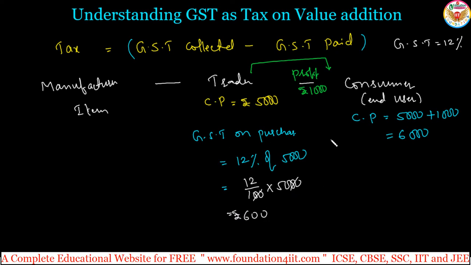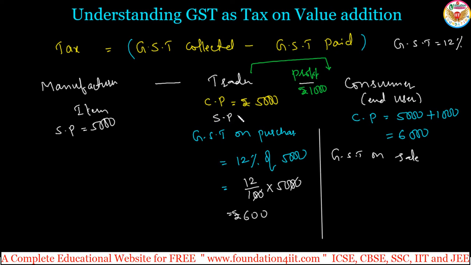Now next, GST on sale. He sold for 6,000, and the cost price is 5,000 for the trader. The manufacturer has only a selling price, no cost price, because the manufacturer made the item; his selling price is nothing but the trader's cost price.